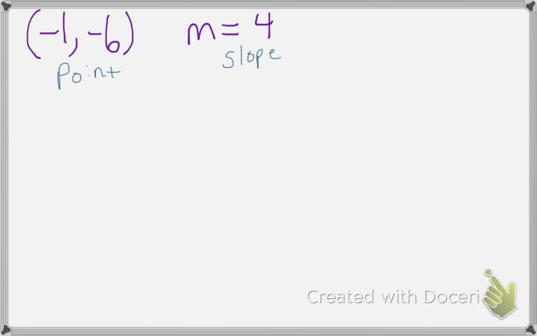The point-slope formula is y minus y1 equals m onto x minus x1. And we need to label the points. This is x1, this is y1. And now we just plug in what we know.